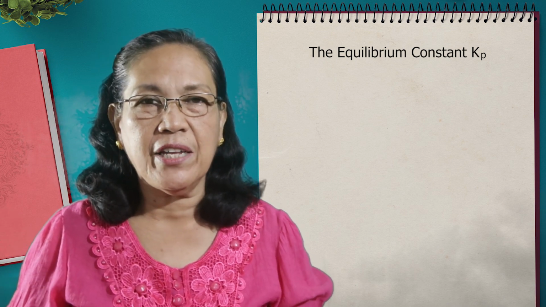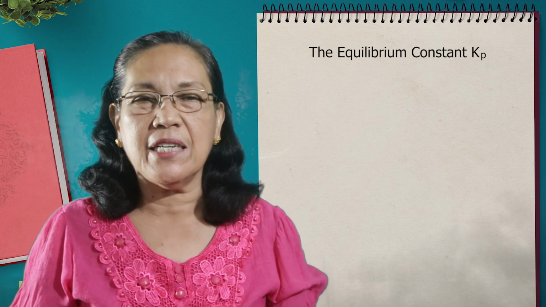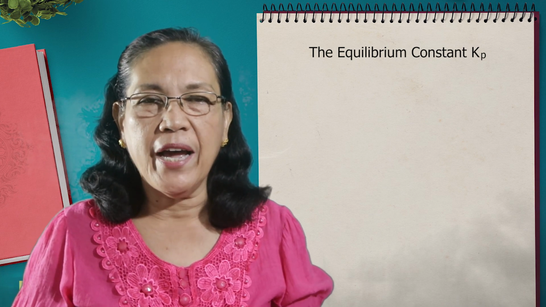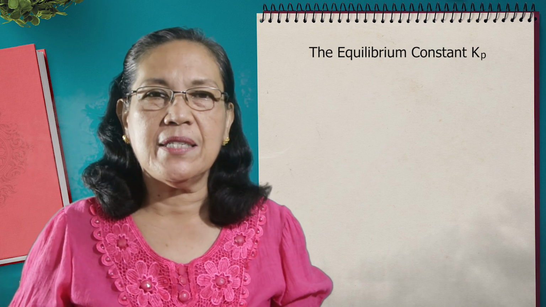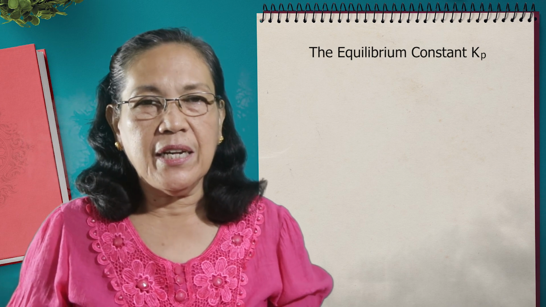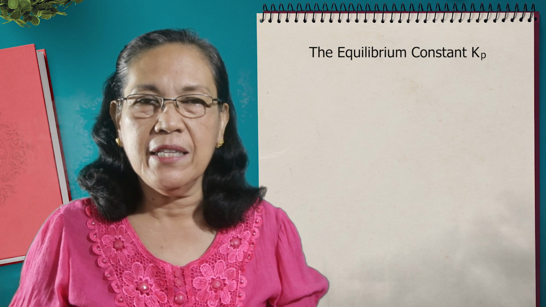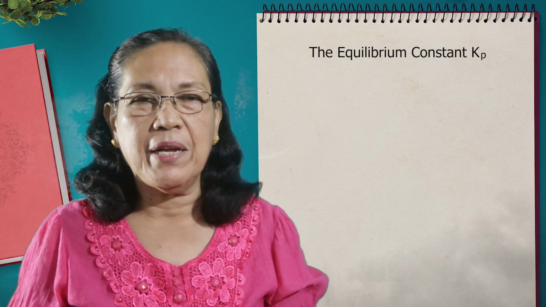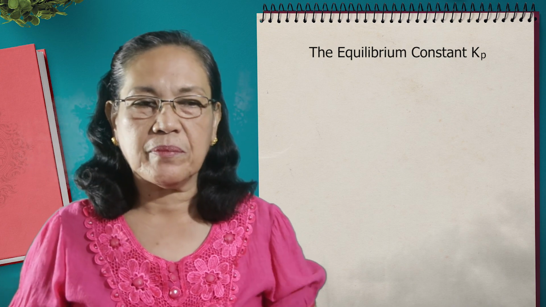Can you recall that in your algebra? So we can now express RT as RT raised to the exponent y plus z minus w minus x. That is based on the laws of exponents, which is a to the m divided by a to the n equals a to the m minus n.